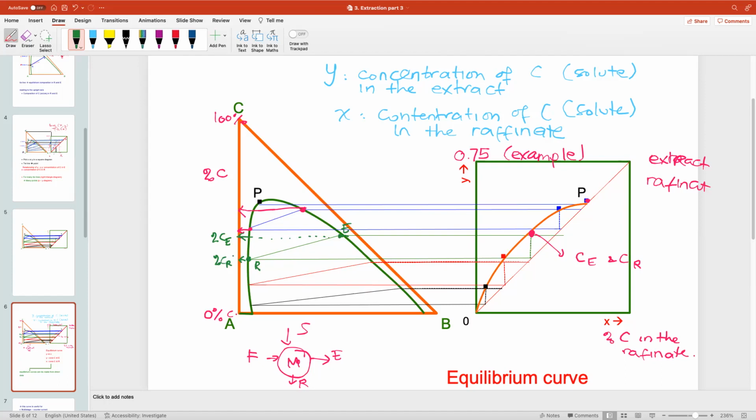Yes, Bu. Now I just move the raffinate there into this graph, this line.